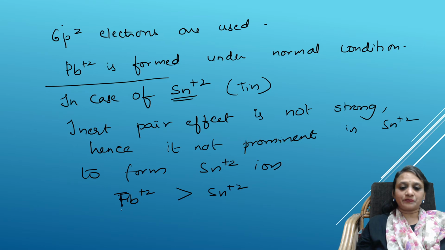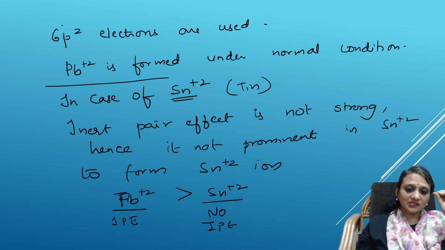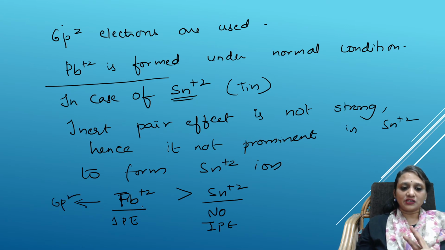I'm summarizing. Here, the inert pair effect is there. In this case, no inert pair effect. When the inert pair effect is there, 6s will not participate; compulsorily I use only 6p and show +2. That's why this is more stable. It will utilize 6p2 and this will be more stable.